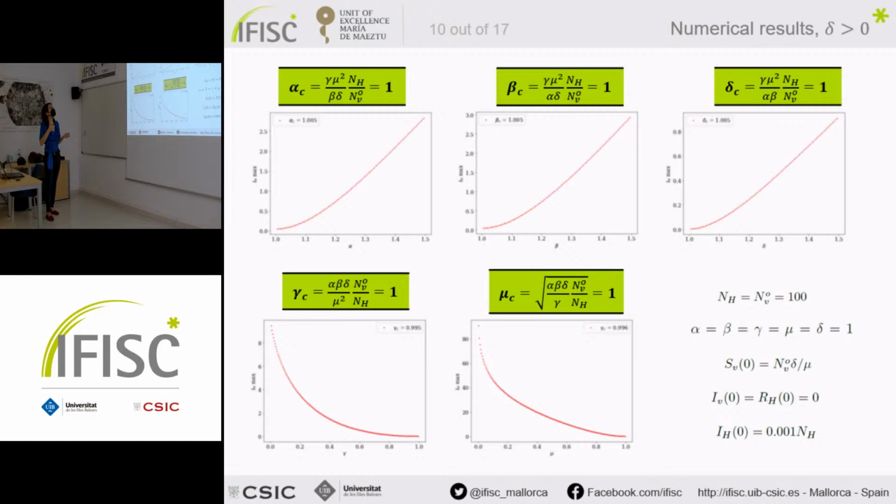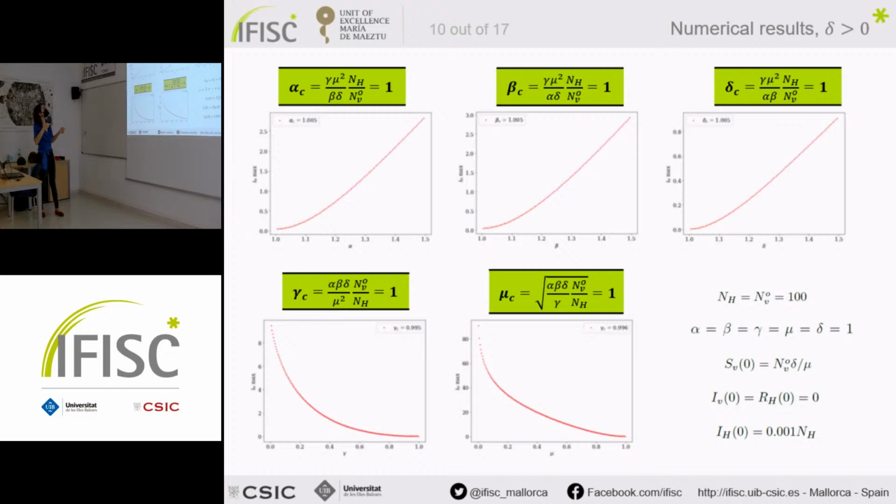We find this expression, we give numbers to the parameters so that the critical value of alpha is 1, and then we do realizations for different values of alpha and compute whether or not there is a maximum in the infected host. The first alpha at which this behavior changes, from no maximum to maximum or from maximum to no maximum, is the critical one.